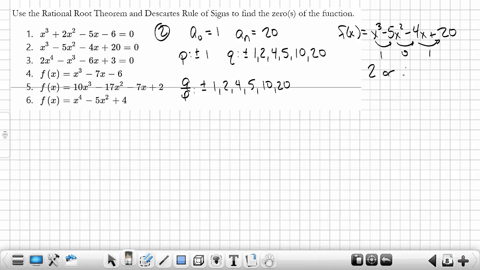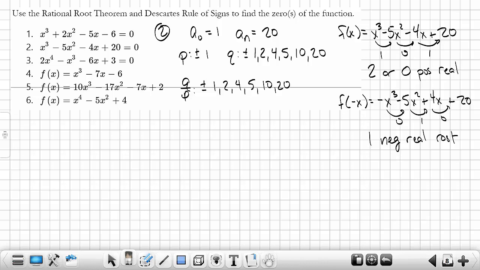So 2 or 0 positive reals. F of negative x is equal to negative x cubed minus 5x squared plus 4x plus 20. So no change, yes change, no change. So we have one negative real root.